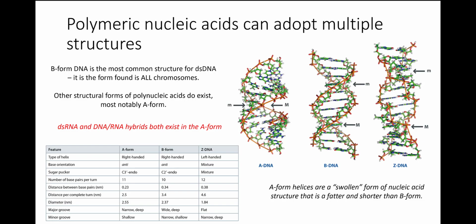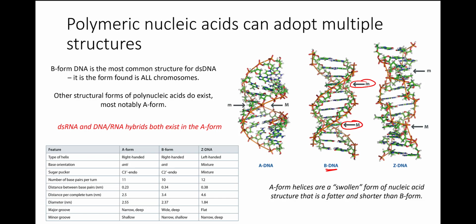Okay, what we just looked at was called B-form DNA. It's the most dominant form. It's the only form that exists in DNA double helices. That's represented here, the B-form DNA. We see our major groove, we see our minor groove. This is what we expect when we think about DNA double helixes. But as it turns out, it's not the only form that exists.